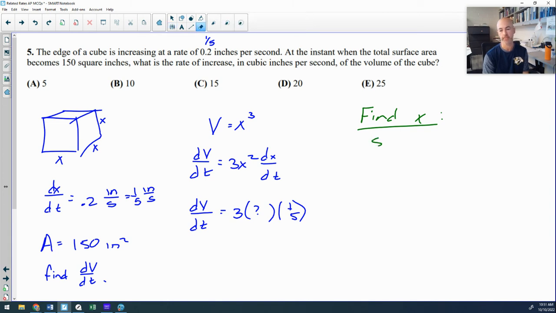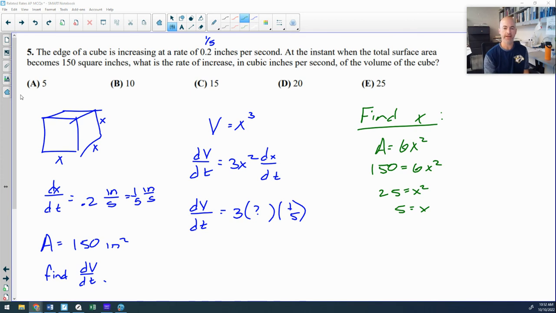So your surface area, I'll just do A, is the area of one of those faces times 6, so 6x squared. Almost, in my mind, I was about to find the derivative of this, but I don't need to find the derivative of this. I need to solve for x when A is 150. So 150 is equal to 6x squared, and then we will solve that for x.